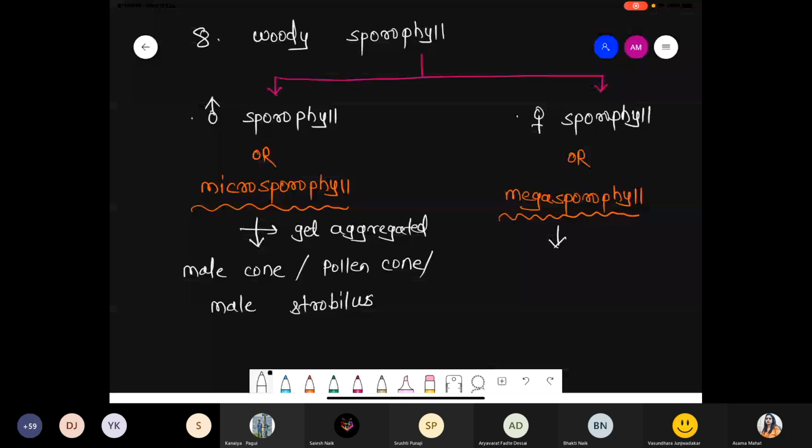So here we are talking about microsporophyll. They get aggregated, and after the aggregation they form a typical structure. That structure is called the male strobilus, also called the male cone, also called the pollen cone.